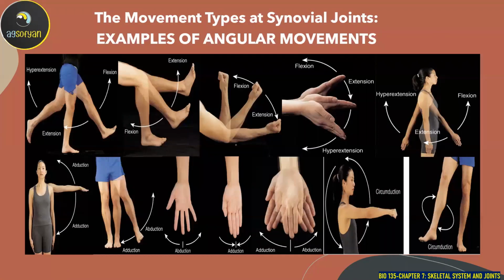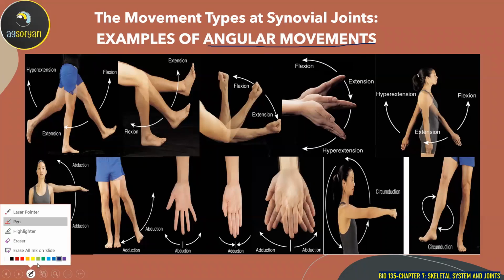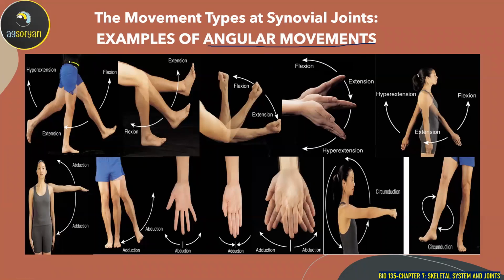Now we're going to see examples of that movement. The types of movement at the synovial joint. This is angular movement. Angular movement is the movement that changes the angle. For example, we're going to use the hip joint over here.